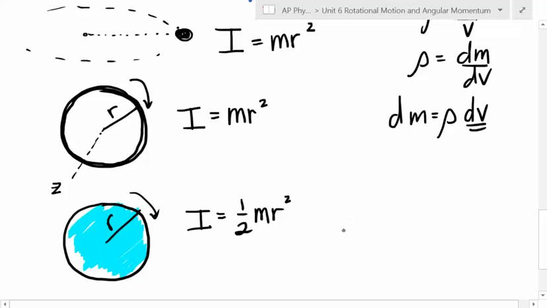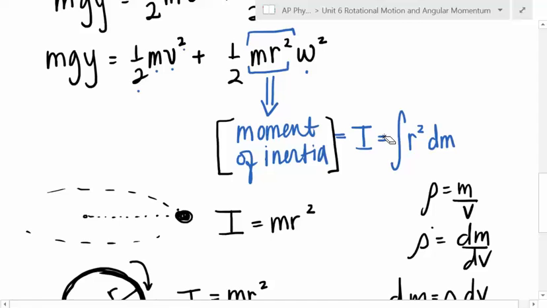But look at the unit for the moment of inertia. If this is our moment of inertia I, it's mass, kilograms, times r, the distance, radius, meters squared. So you get kilogram meters squared.